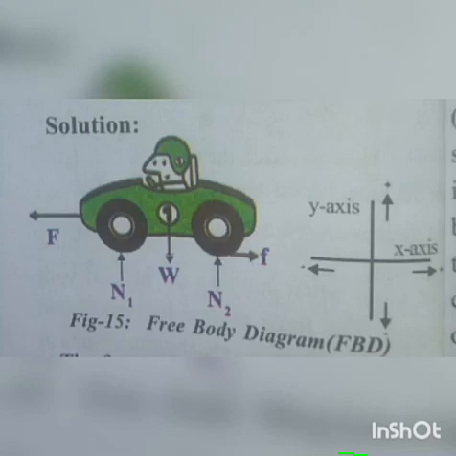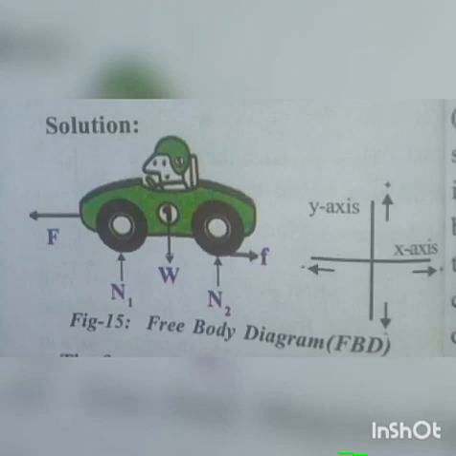It is caused by the road. Small f is directed towards the right side, and capital F is directed towards the left side. So as you know the sign convention, small f should be taken as positive and capital F should be taken as negative.